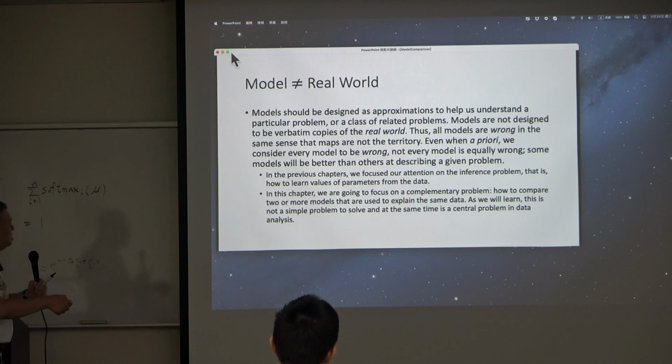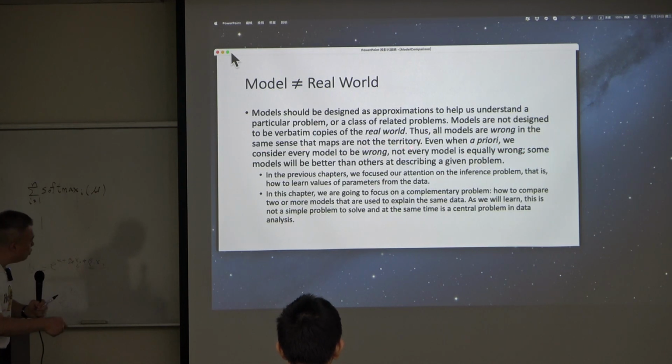Even when a priori we consider every model to be wrong, not every model is equally wrong. So models are wrong, but some models are less wrong than the others.